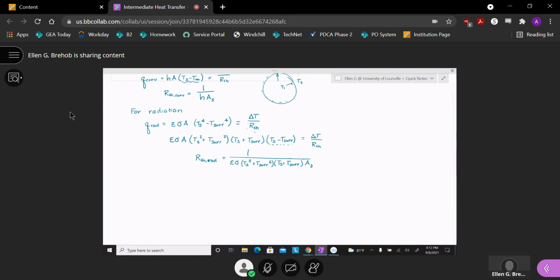So one more thing that we might do, and this is thinking back to what the convection looks like. It's 1 over a heat transfer coefficient and surface area. Well, sometimes they'll talk about this combination as an effective radiation heat transfer coefficient.